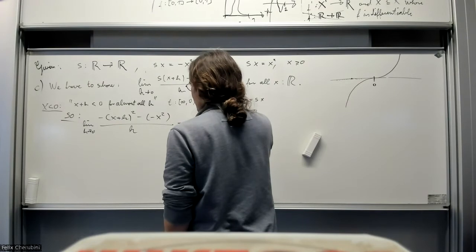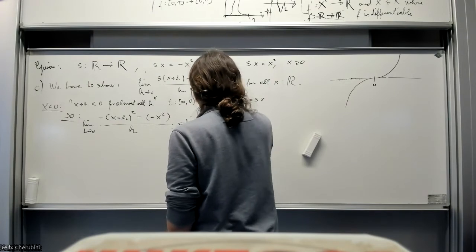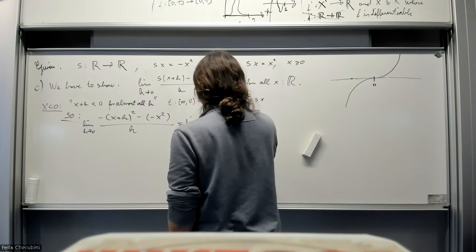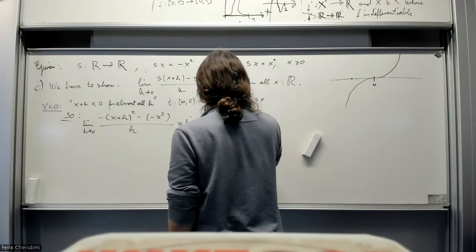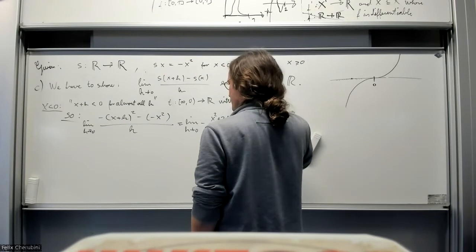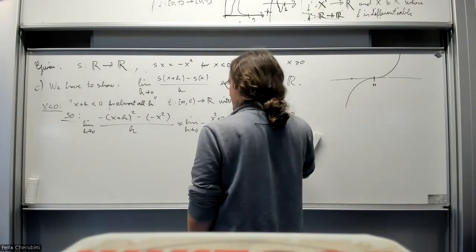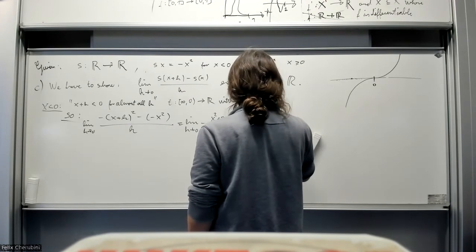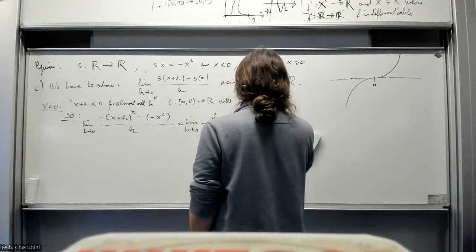I put a minus in front, something like this, and get x squared plus 2hx plus h squared, minus x squared, over h.